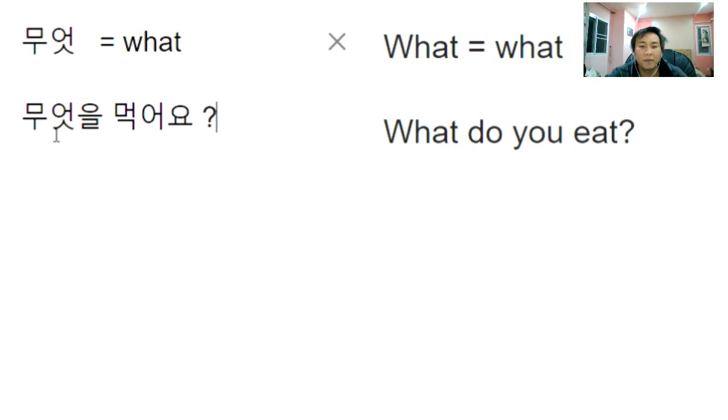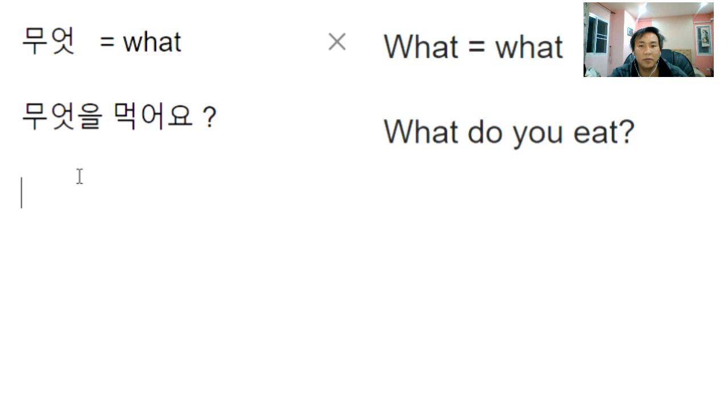Okay, "muos sư mok go yo". What do you eat? You see, right? "Muos" is the object, so when you eat something, that is the object.